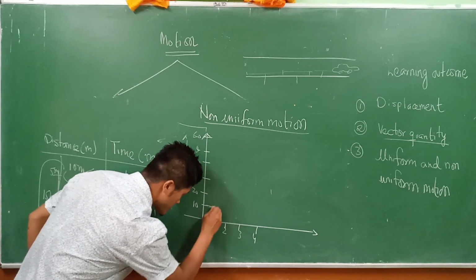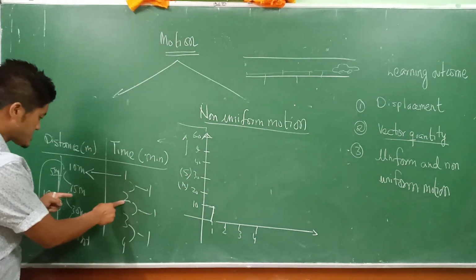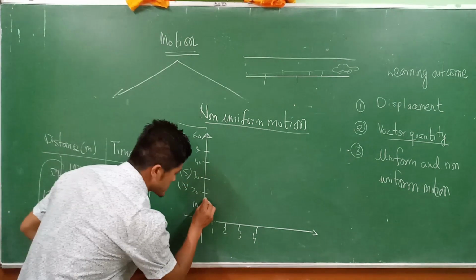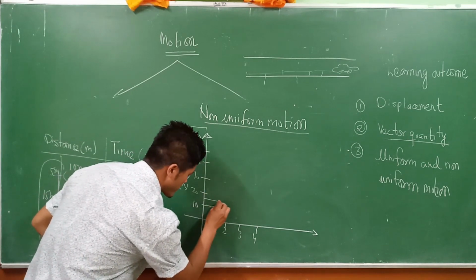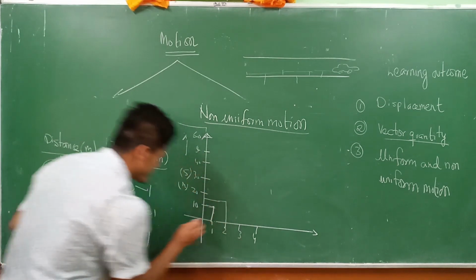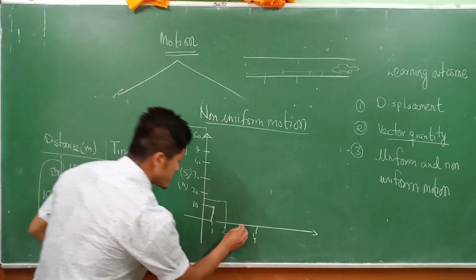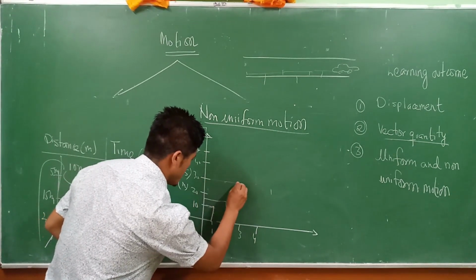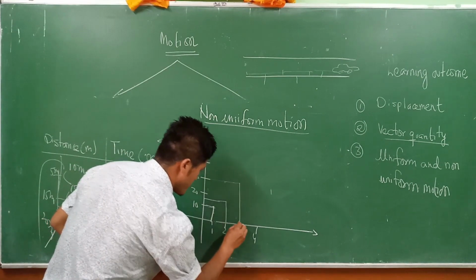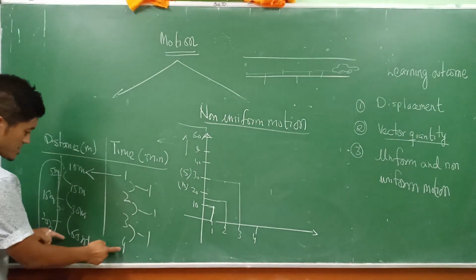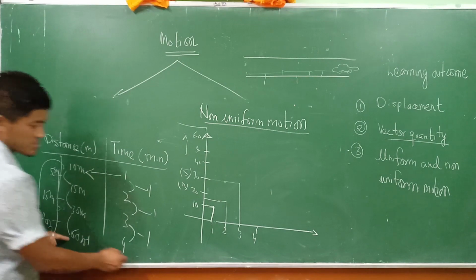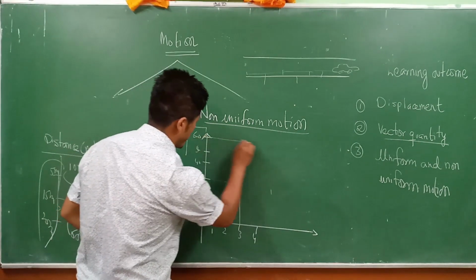In the next minute, it's covering 15, let's say somewhere in between. In the next minute, 3, it covers 30. In the next minute, that is 4, it covers 60.